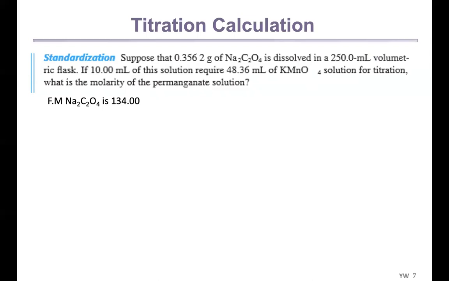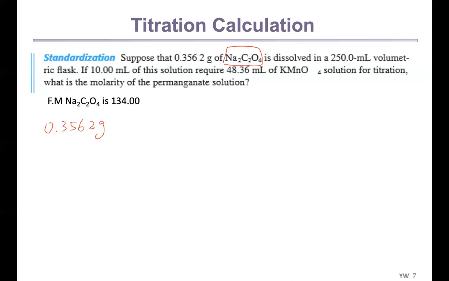Find the moles of the sodium oxalate and then use mole ratio to find the oxalate alone. What do you mean by mole ratio? You mean the mole ratio in this compound? Okay.